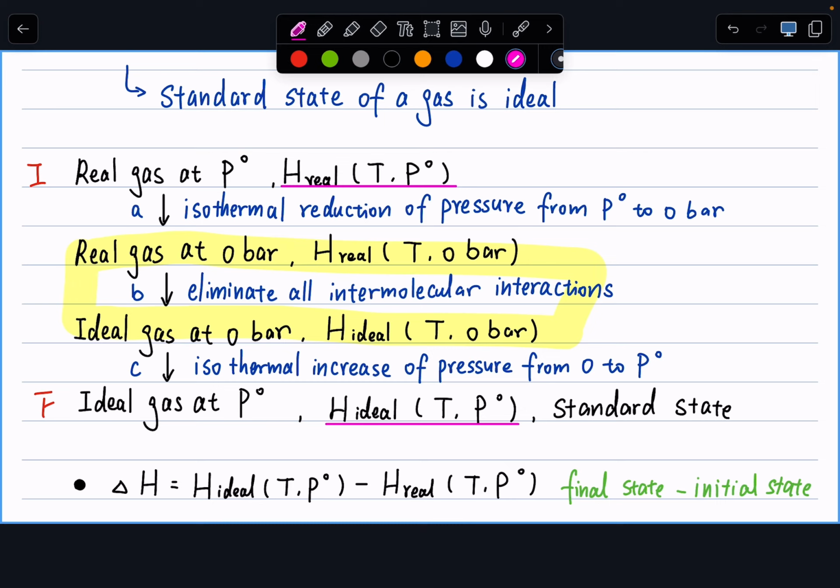Since my temperature is not changing, my delta H for process C must also equal 0 for ideal gases. So one nice practice example you can do is try this equation for part C again, using the equation of state and this equation, to show that this must be 0 for ideal gases.